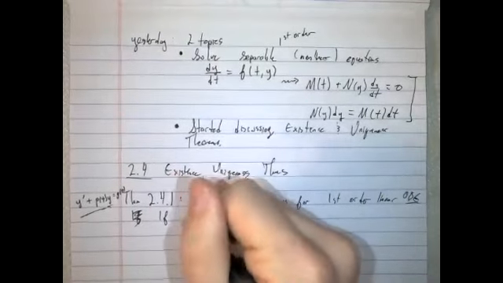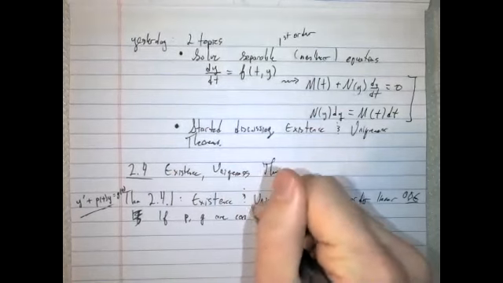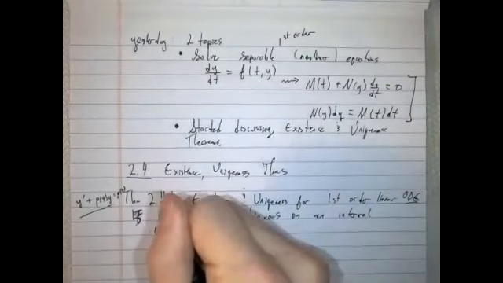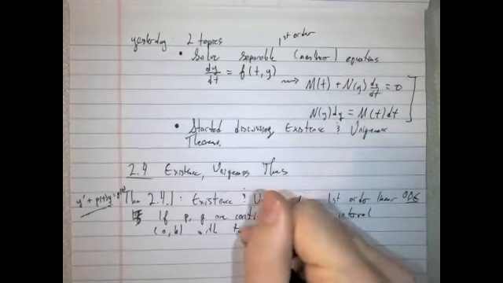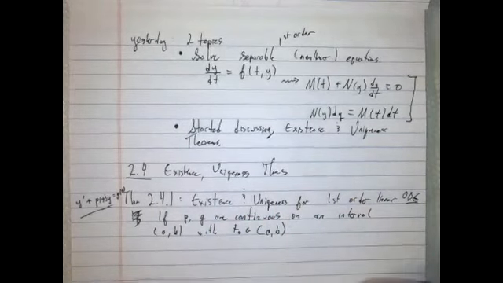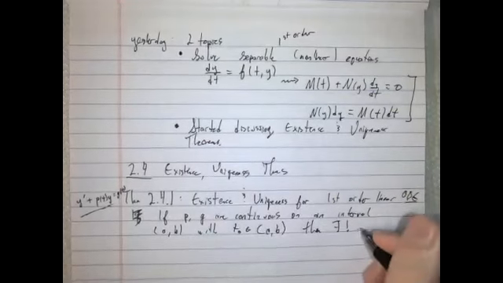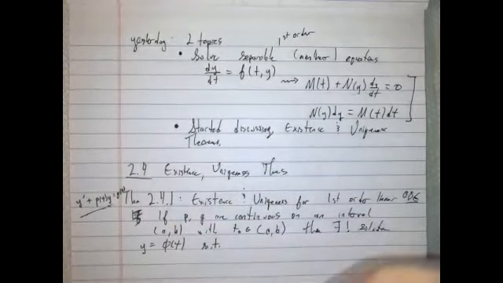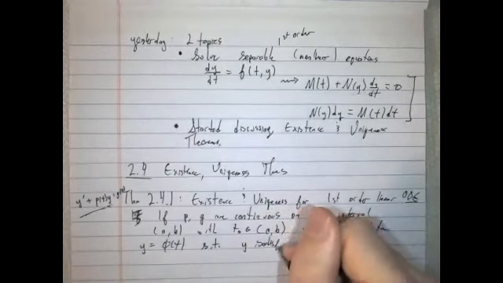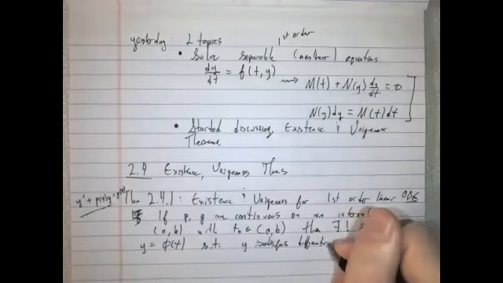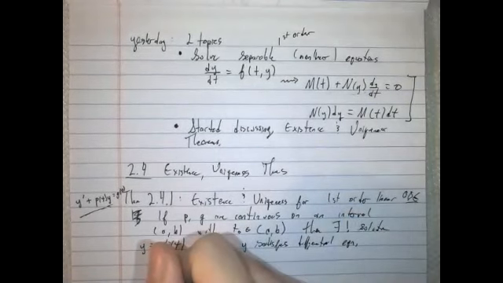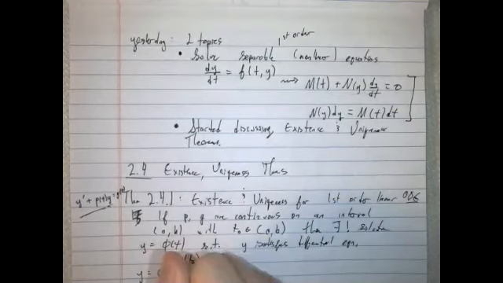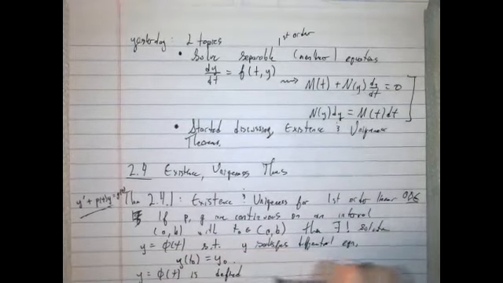So the theorem is, if p and g are continuous on some interval from a to b with t0 inside this interval, then there exists a unique solution, y = phi(t), such that, first of all, y satisfies the differential equation, and y also satisfies the initial value problem y(t0) = y0, and moreover, y = phi(t) is defined on this interval.